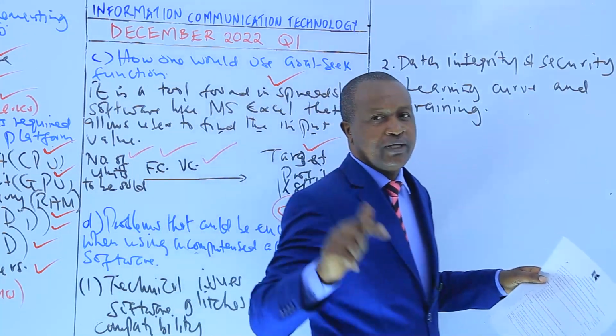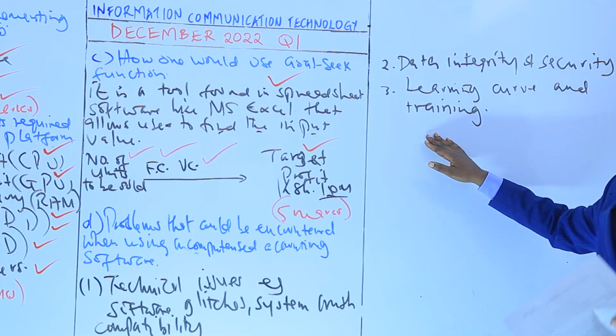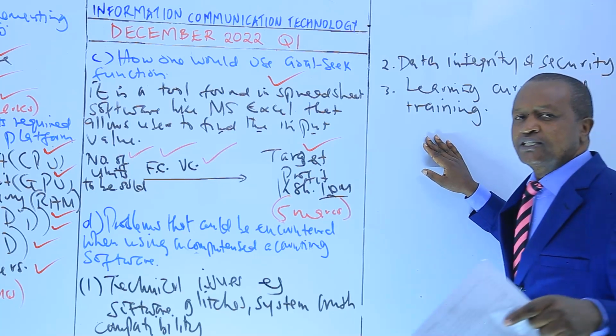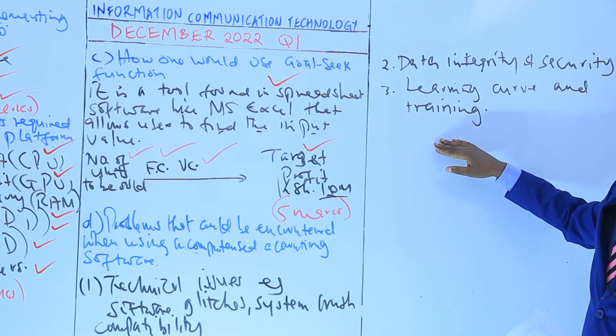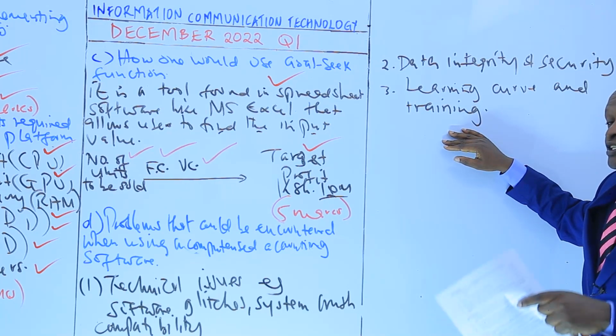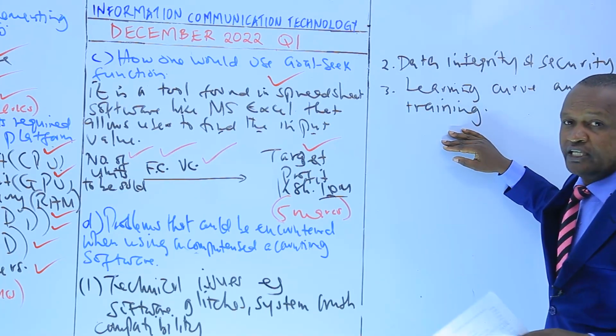Some users may encounter challenges in learning the software functionalities, or even struggle with understanding complex accounting concepts in a digital environment. So adequate training and support are essential to ensure effective use of the software and minimize user errors.